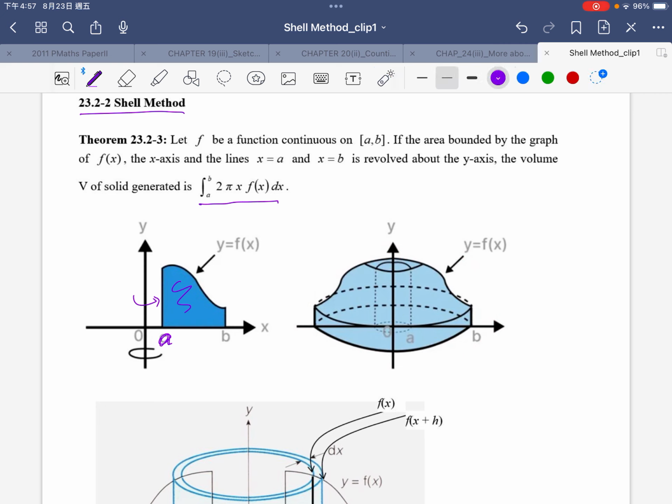This is copied from the slide, and if we look carefully, we can think of this solid as one shell, and one shell, and one shell. For example, this is the first shell. If you think K. Liu's drawing is not bad, you can think this is the first shell.